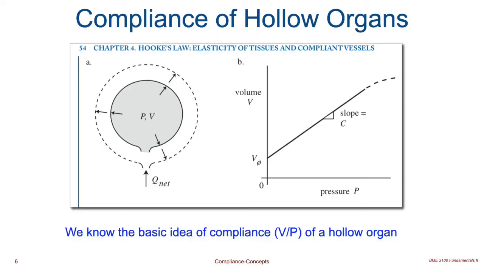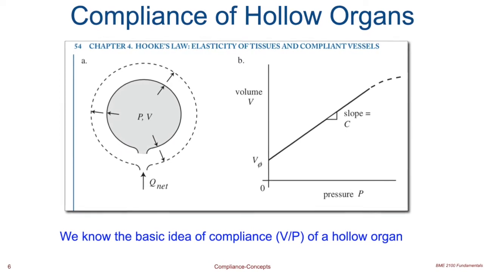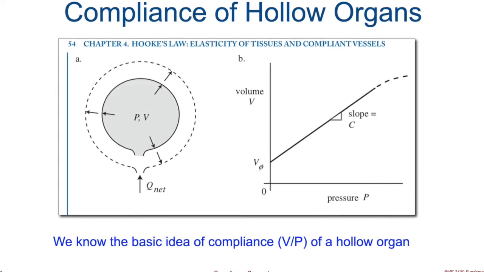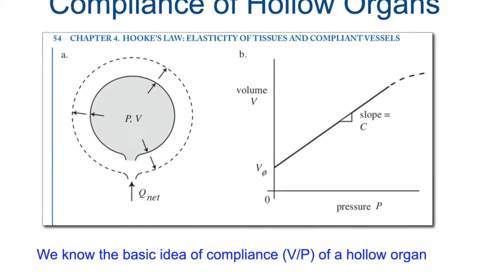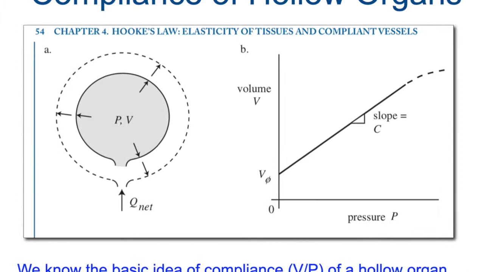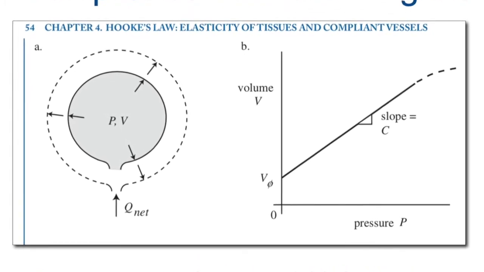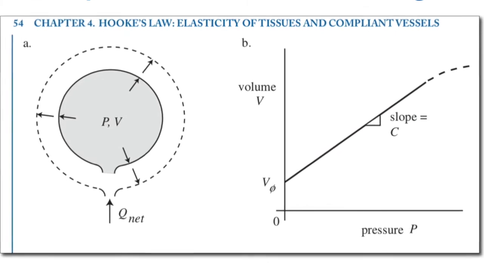And if you picture a closed container, so picture a balloon or your bladder or some other structure in our body that's closed, then we will see that as we apply pressure to that container, the volume will increase. And that ratio of the increase in the volume as a function of the pressure we apply, that's compliance.